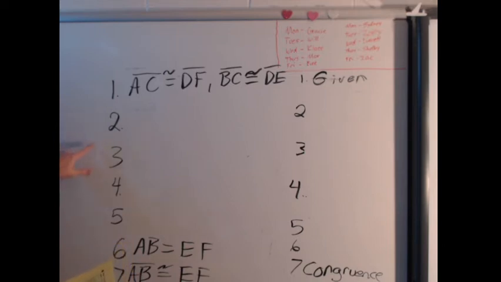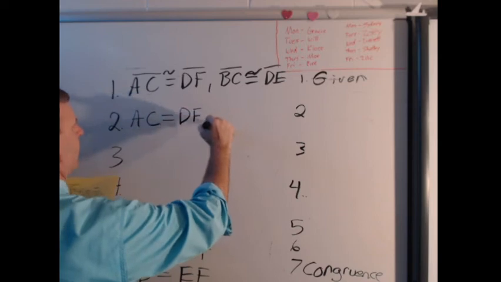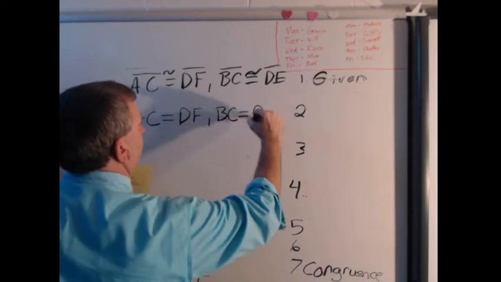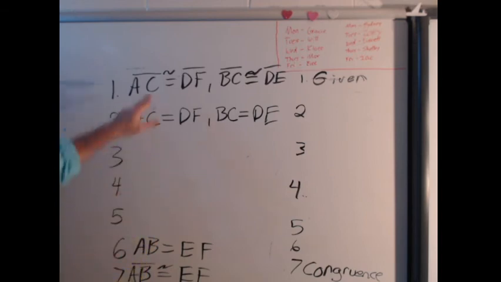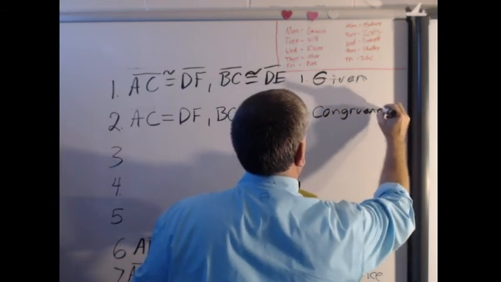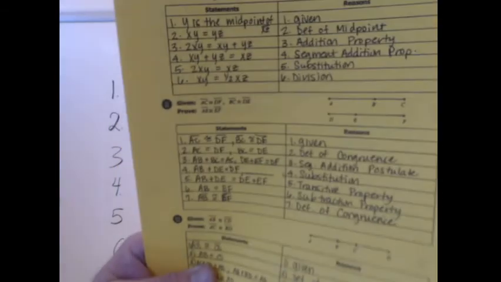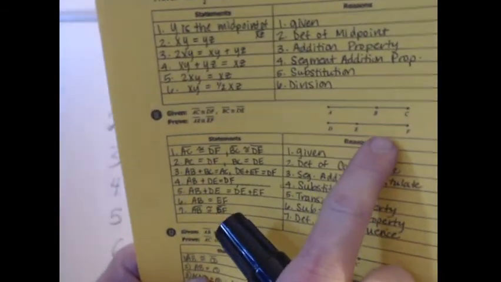So now let's start taking these apart. If you've started with congruence, you know you got to change to equality. That's the definition of congruence. And so now if I start adding some of these together, like segment addition postulates, which again, we're looking at this part right there.